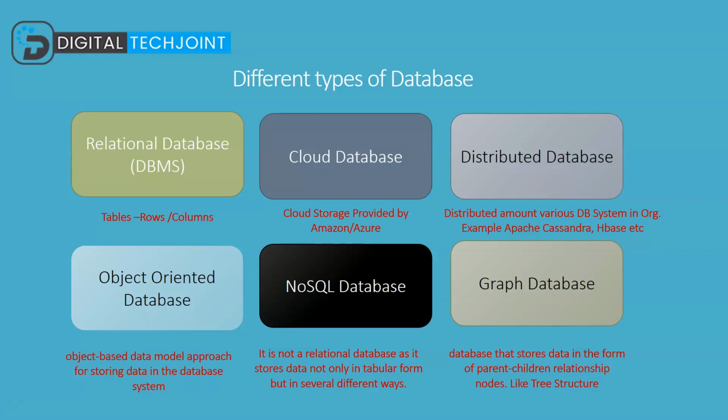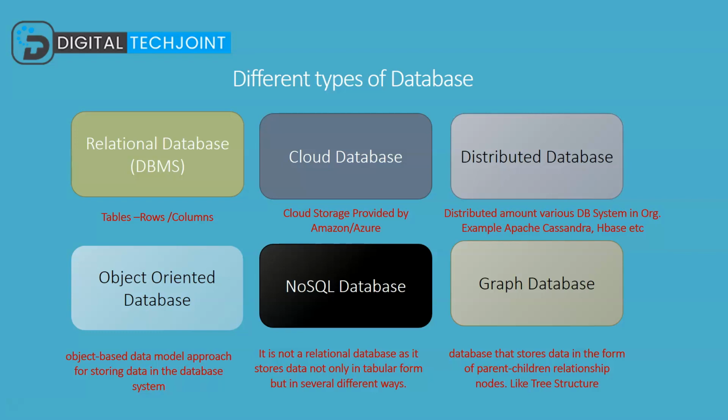Now NoSQL database is totally opposite of a relational database management system, where a relational database forms the basic object of tables and a method of storing the data in rows and columns. In NoSQL there is no fixed design. Data can be stored in any format.